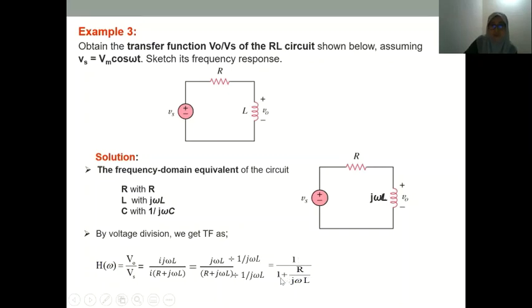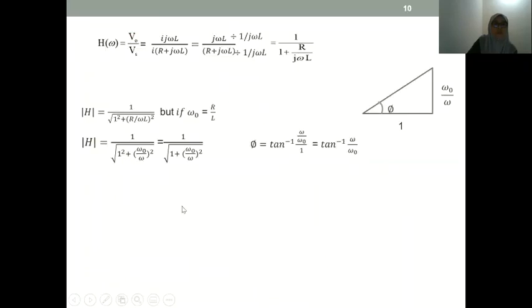The real part becomes 1, plus j times the imaginary part. So your transfer function is V out divided by Vs, which is 1 over 1 plus R divided by j omega L.